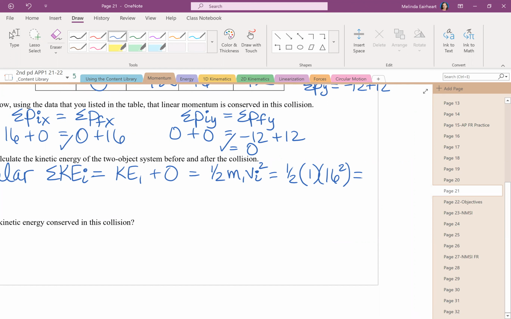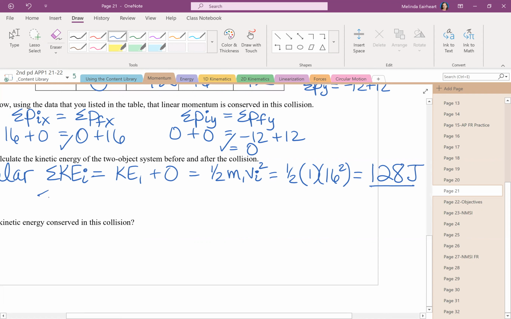And by the way, this is an old AP B question where they did more calculations than you'll do in May. Here, they'll just kind of keep it in variable form, which is why I try to keep my variables until the very end. I hear 128 in the SI unit. Joules, energy. Okay, so that's before.